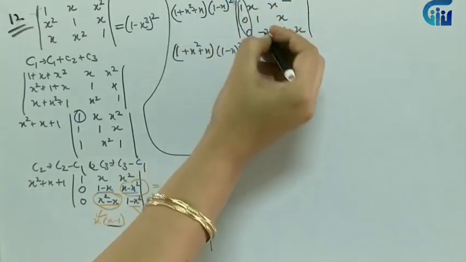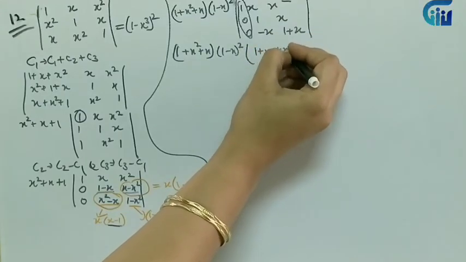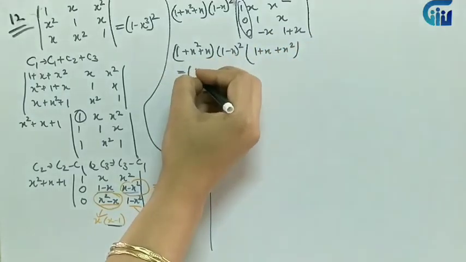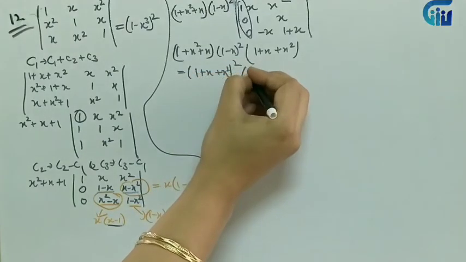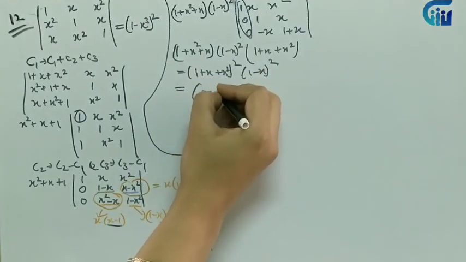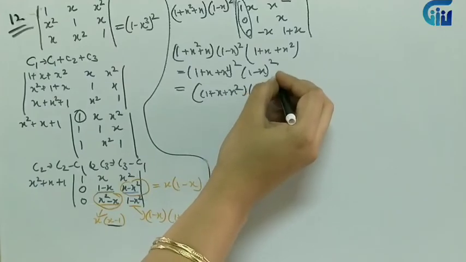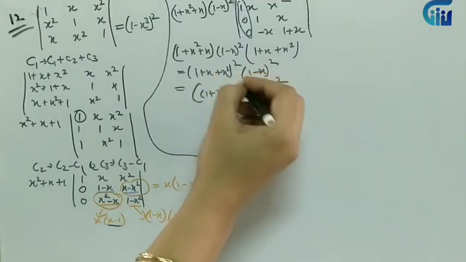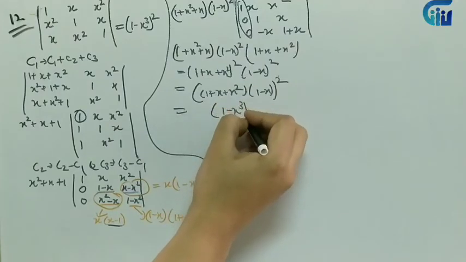Expanding along column 1, this will be 1 plus x square. So now what do I have? I have 1 plus x square 2 times and 1 minus x whole square. So this can be written as 1 plus x square into 1 minus x whole square together. If you can recall, this is the formula 1 minus x cube.